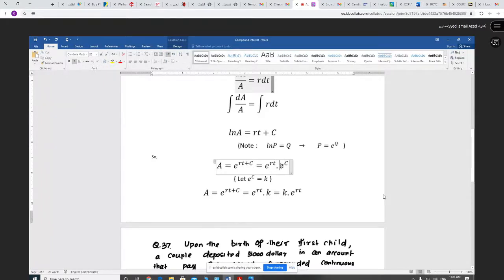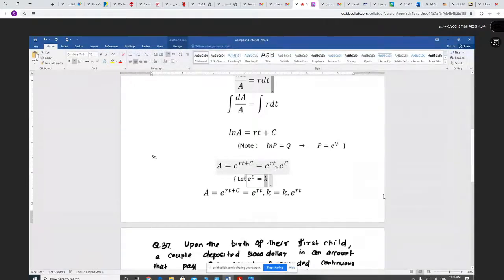So this e power C together is a constant. So I will give it a new name. I will say this e power C is K. I just changed the name, okay? It is still the same value, e power C. What I did is I changed and put K, a new name, so that I don't have two different variables.